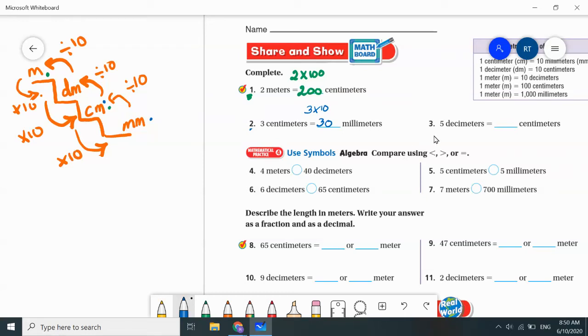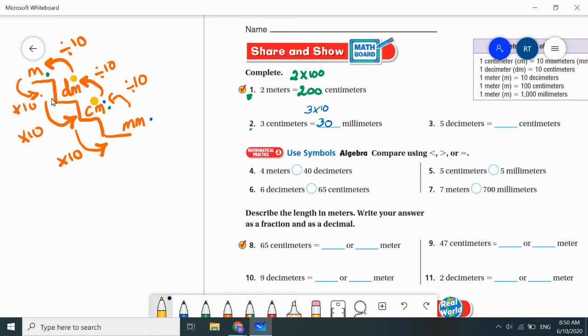Now, to do question 3, again, I have 5 decimeters and I want to go to centimeters. I'm going to use the yellow color. So I am on decimeter and I need to go to centimeters. So I'm going again from larger to smaller unit, and I am going only one step.